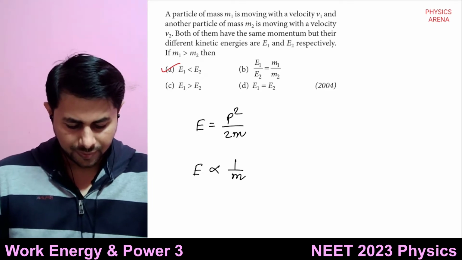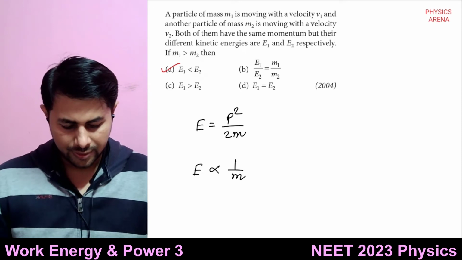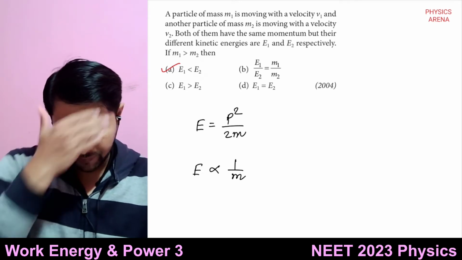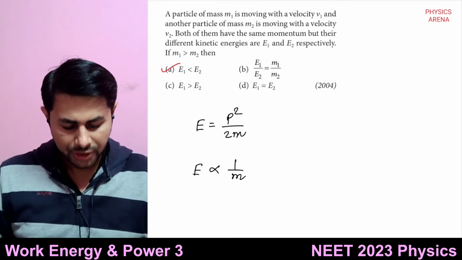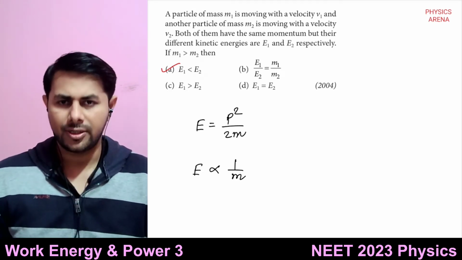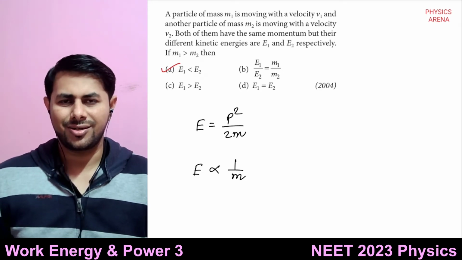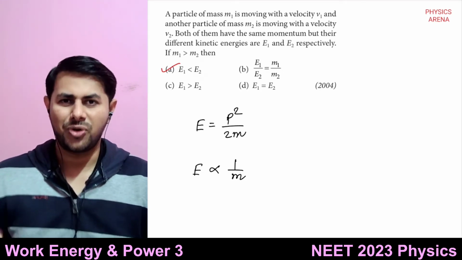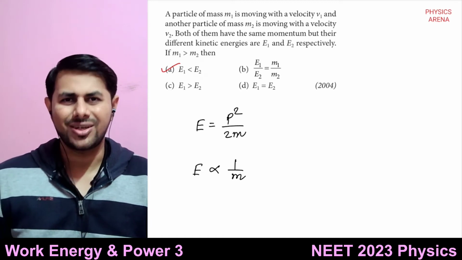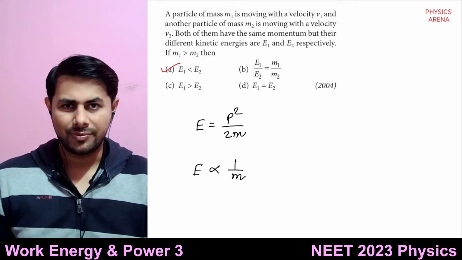Okay. So this thing should come into the mind very instantaneously. E equals to p square upon 2m. Just like when we say kinetic energy, two formulas should come to our mind now. One is half of mv square, second is p square upon 2m.